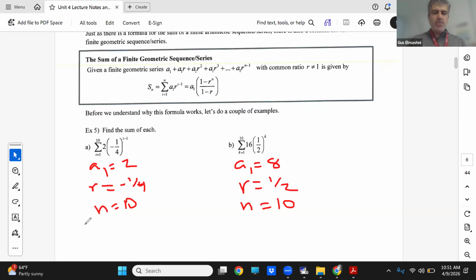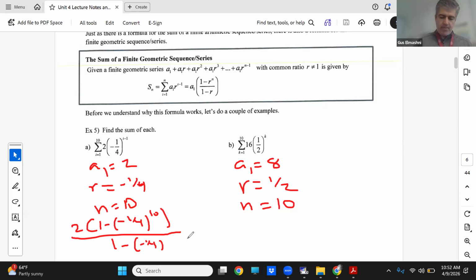Okay, yeah, because you have 2 times 1 minus -1/4 raised to the 10th power, and that's the zero. Yeah, it's essentially 1.6.